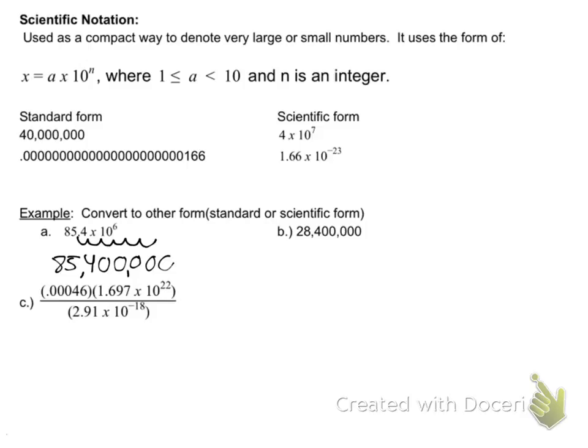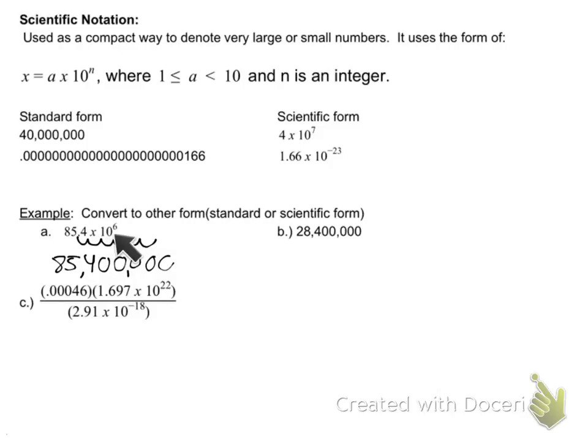But if I had to actually convert that to proper scientific notation, I need it to say 8.54, right? So I would have converted to standard form, and then from standard form convert it back. And when you convert that back, you know that you will be counting 1, 2, 3, 4, 5, 6, 7 places to get back between the 8 and the 5.